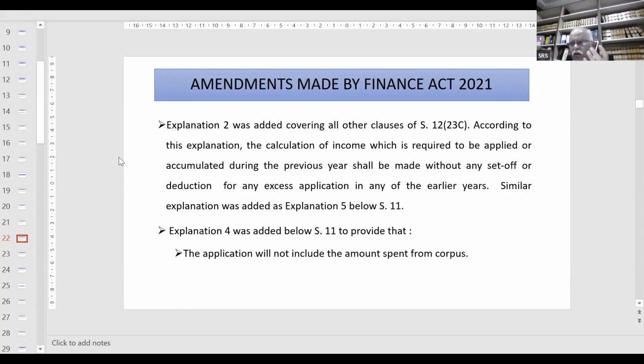Since each assessment year is a separate self-contained unit, one can argue that the income of that year alone should be taken into account for calculating the 85%, and there is no specific provision for carry forward of the excess application of the earlier year. But without really examining these issues in detail, the tribunals are holding in favor of the assessee, saying that you can claim the set off of the excess application and treat it as a current year application.